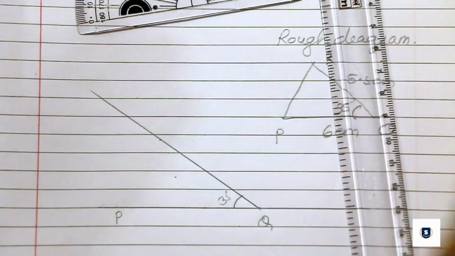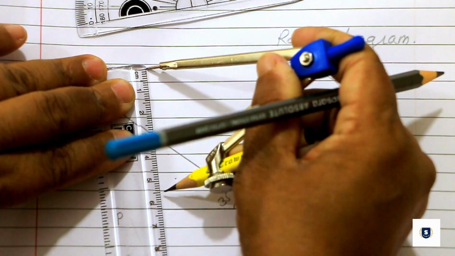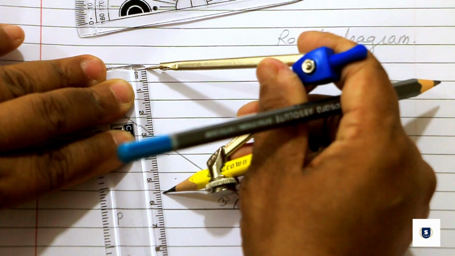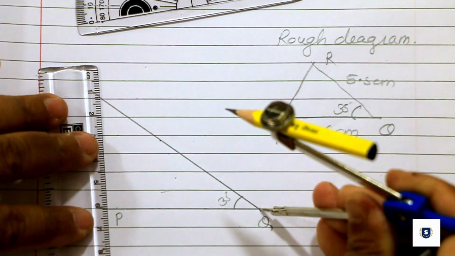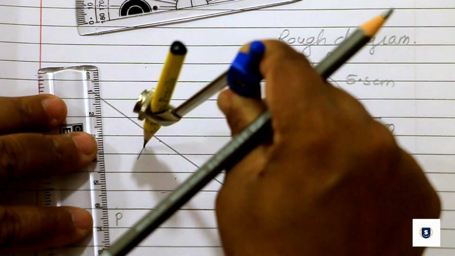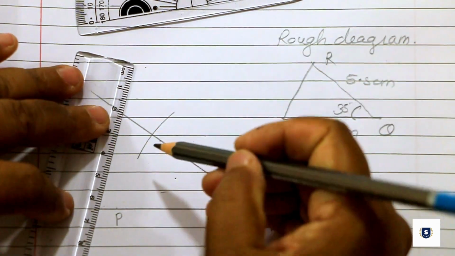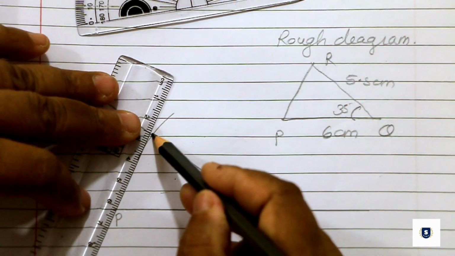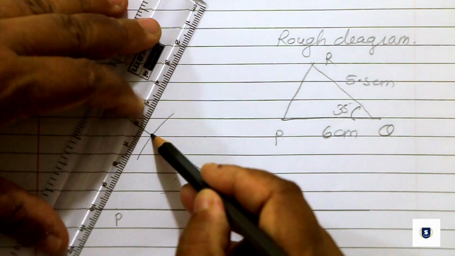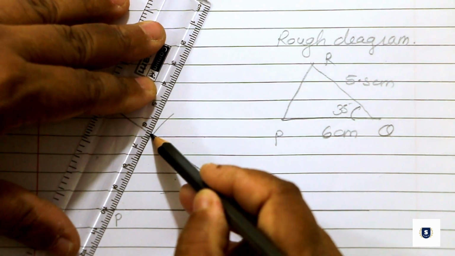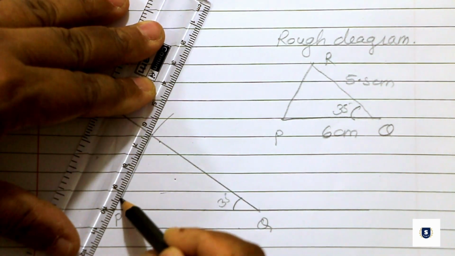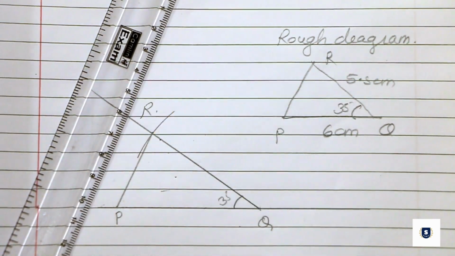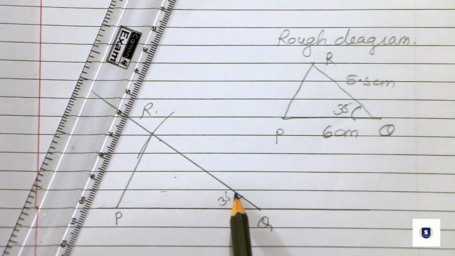Now take 5.5; children, we can see very clearly it is 5.5. Now keep the compass pointer at Q and give an arc, join this point and this point. This is your R. Now we have to bisect any two angles.